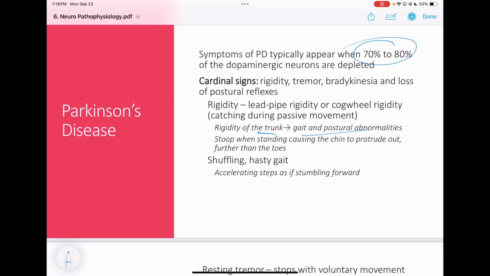Yes? So with the abnormal function, it kind of sounds like there isn't any movement and they would almost be paralyzed, but is it because of the 70 to 80%? Yeah, you still have movement. You're not totally out. Like the tremor part, though, is that like... That's part of it as well. Part of it being inhibited, but you can't control it? It's not really control. Remember, these are coordinated movements. We don't control these movements at all.